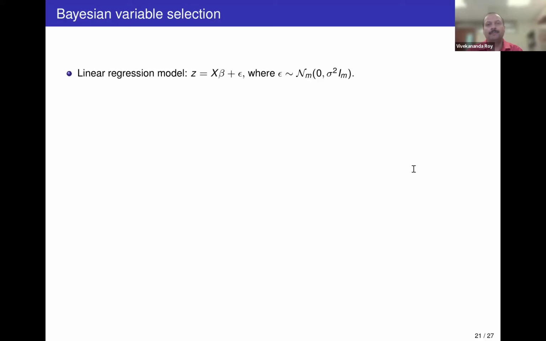Here I have responses Z, an m-dimensional vector, and covariates X, an m by p matrix. The goal is to know which covariates, which predictors, are important.